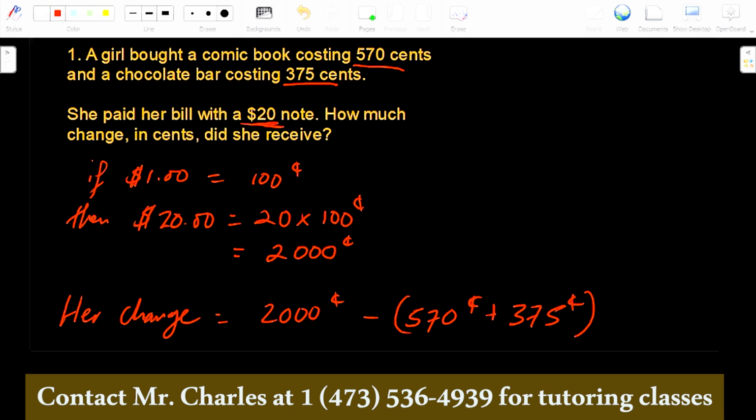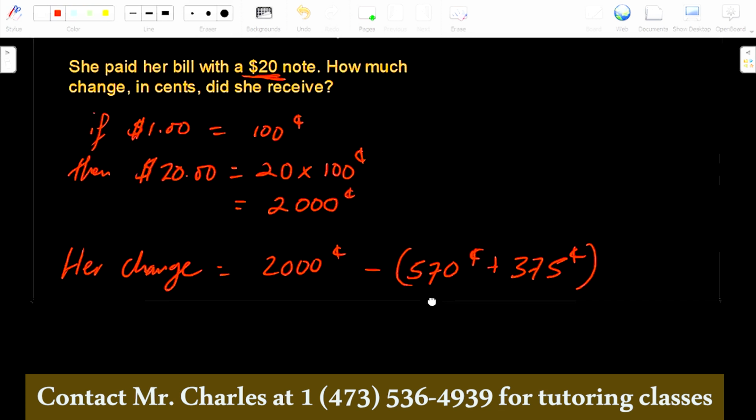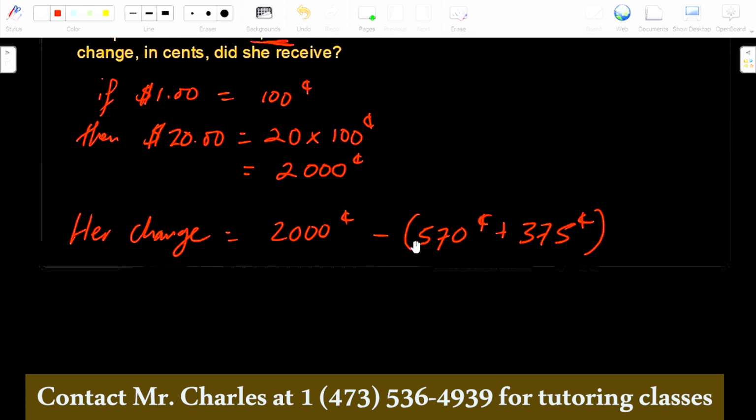And 570 plus 375, let's see. 5 and 0 is 5, 7 and 7 is 14, and 5 and 3 is 8 and 1 is 9. So that's 945 cents she spent in total.